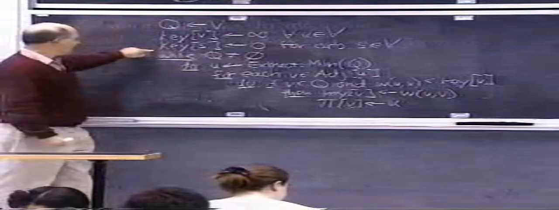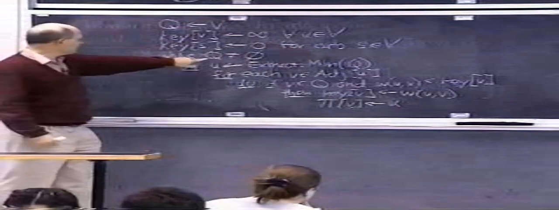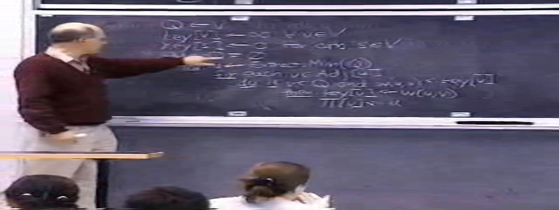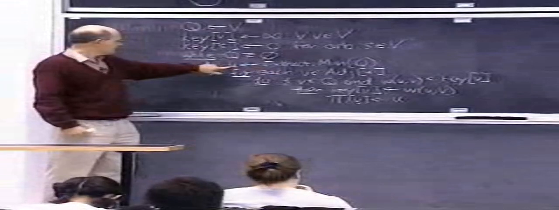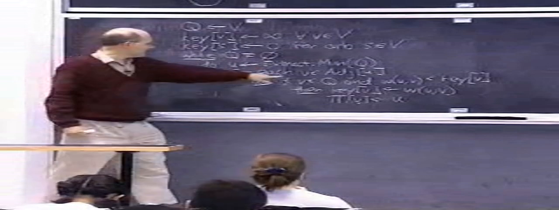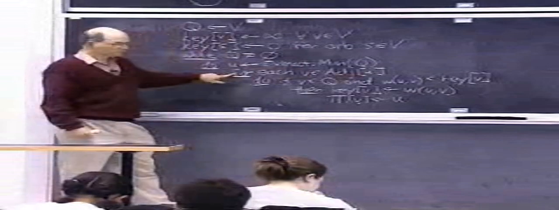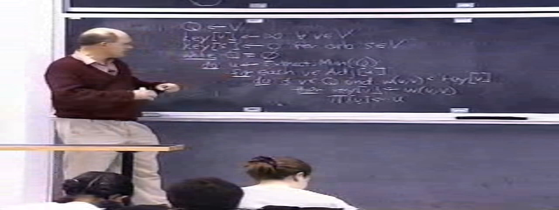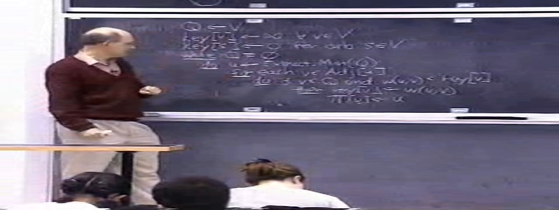And the way we're going to do that is we're going to look at all the things in Q, and as long as it's not 0, we're going to take the minimum element out of the Q, and we're going to look at all the vertices in its adjacency list, and examine essentially all the outgoing edges.